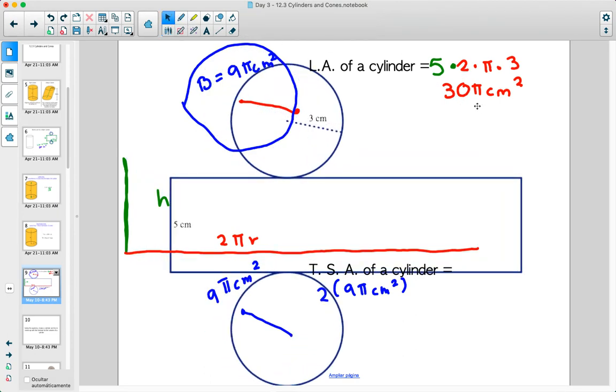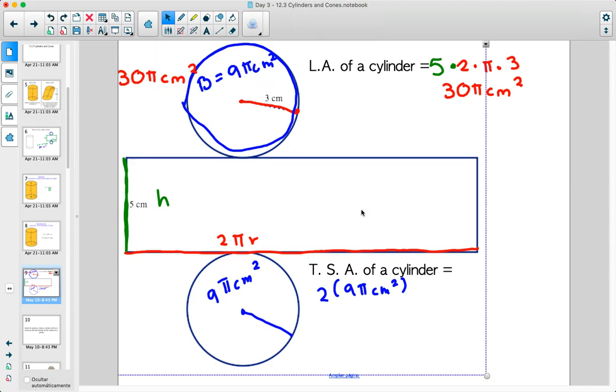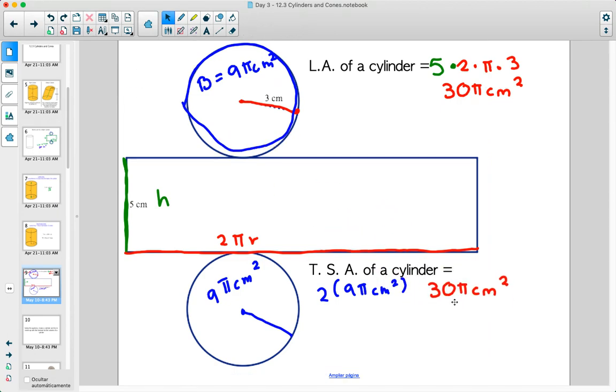And then we're going to add the lateral area. For the lateral area, we are going to add 30 pi centimeters squared. Feel free to try to do that in your head, or use the calculator. Does not really matter.